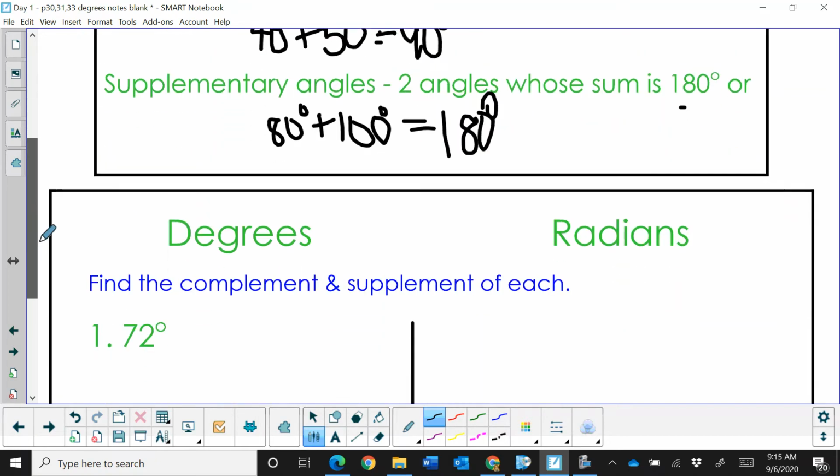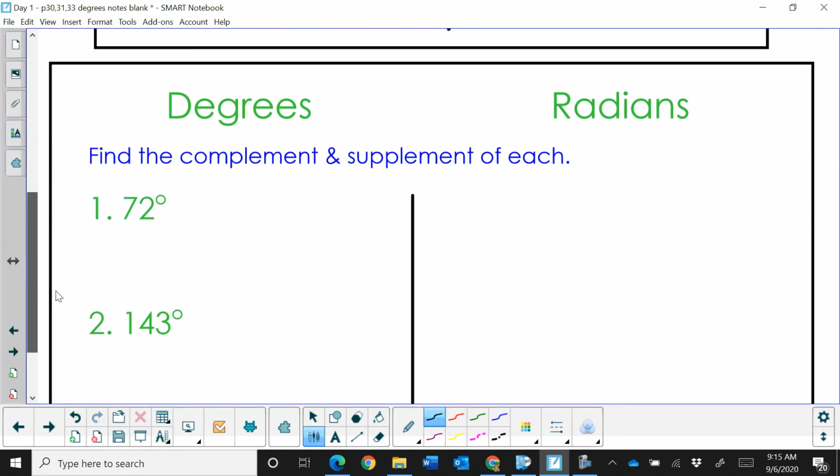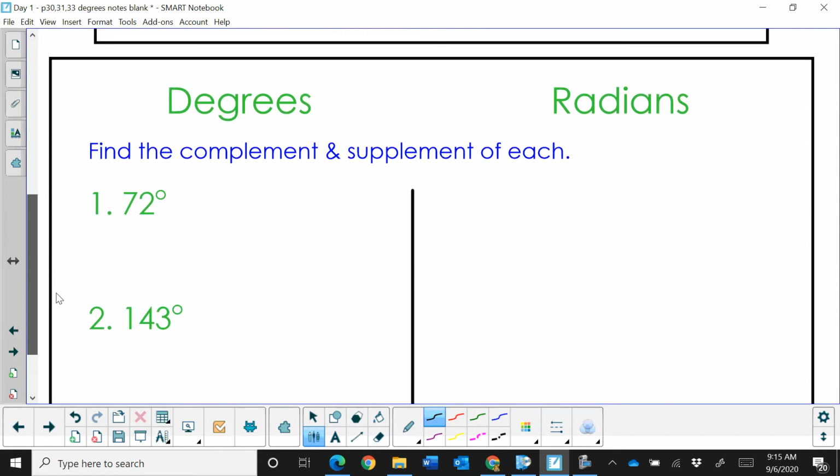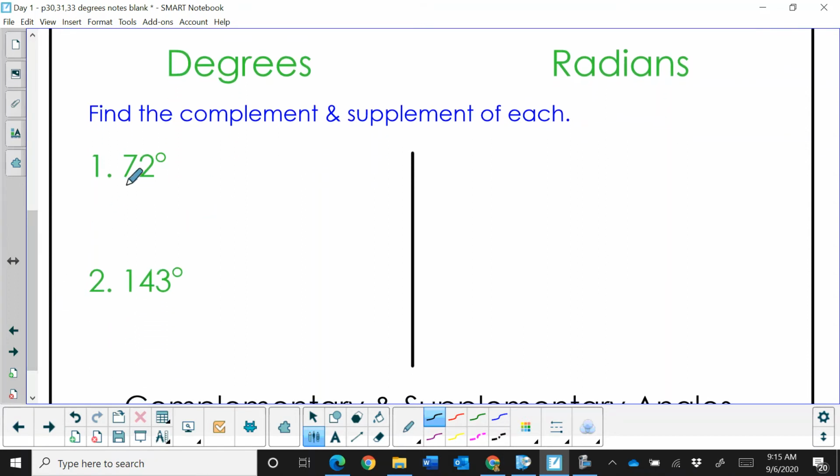Now, let's look at some examples in degree measure. So find the complement and the supplement. So you're looking for the partner. So what is the complement of 72? Well, I'm just going to take 90 and I'm going to subtract 72 to find the complement, and the complement is 18 degrees.